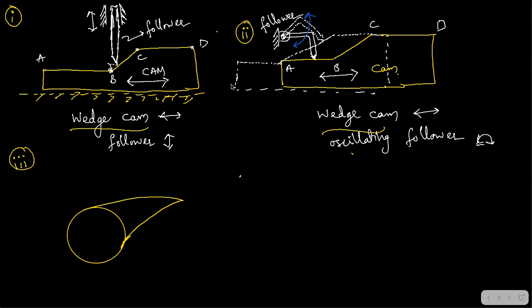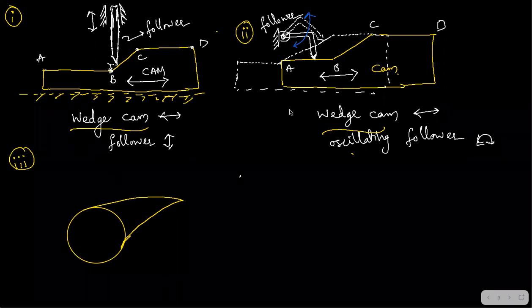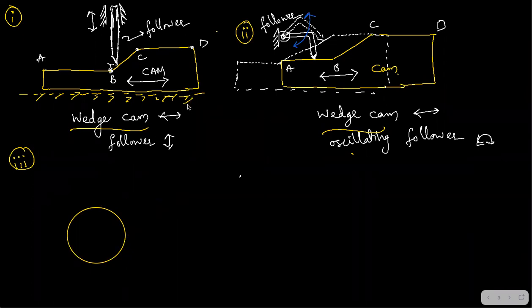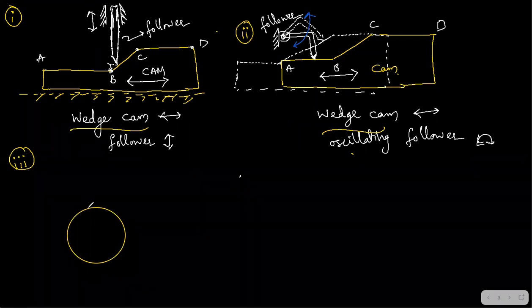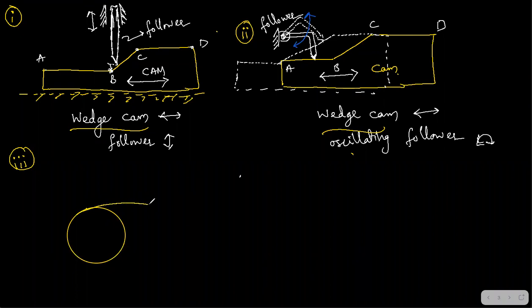Oh, it's too huge, I think. It's okay. I hope you'll understand what I'm trying to do. I have drawn it very huge. Okay, let's correct it. Okay, this is one type.